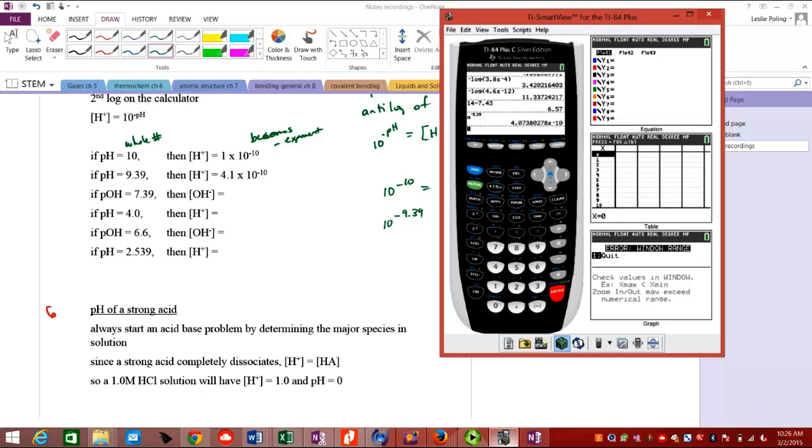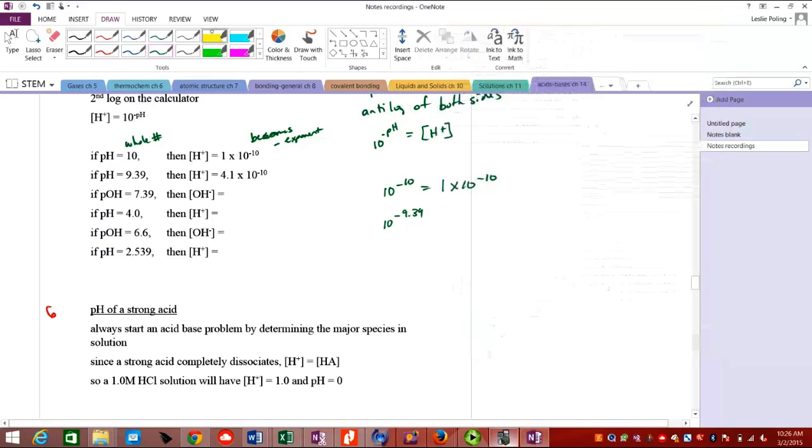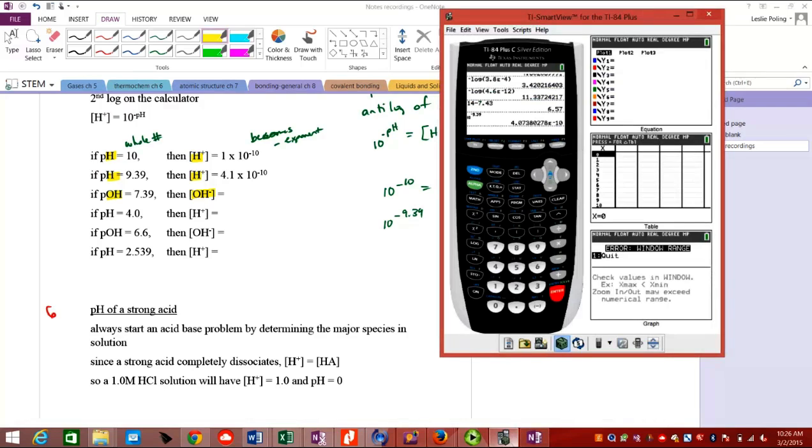So let's look at the others. Now notice, H and H match, H and H match, OH and OH match. They have to match to be able to do this. So we have second log minus 7.39. So we get 4.1 times 10 to the minus 8.